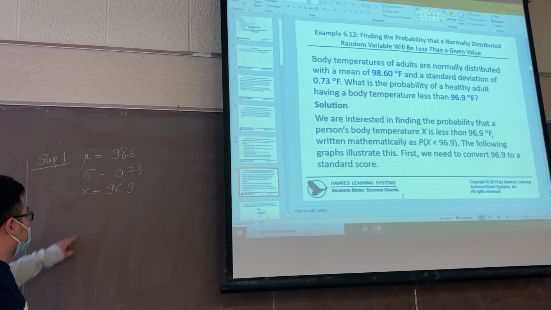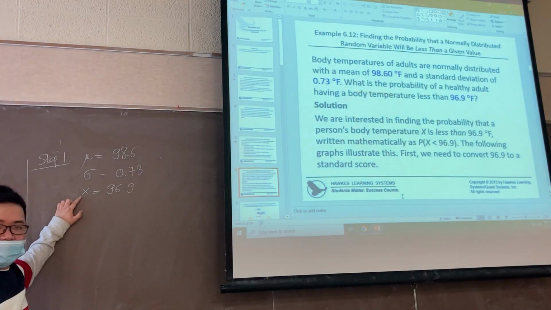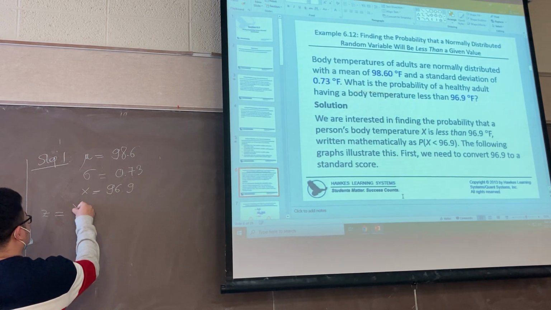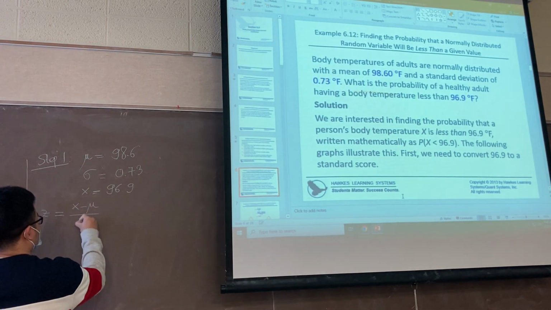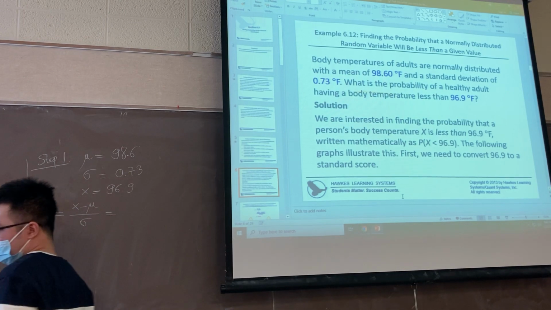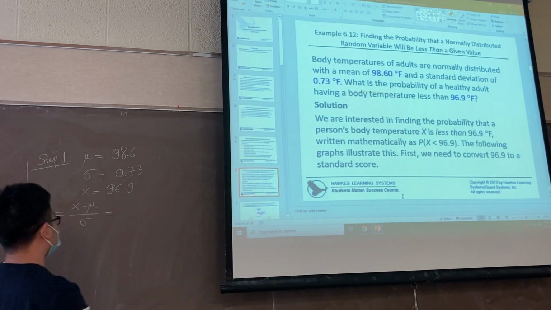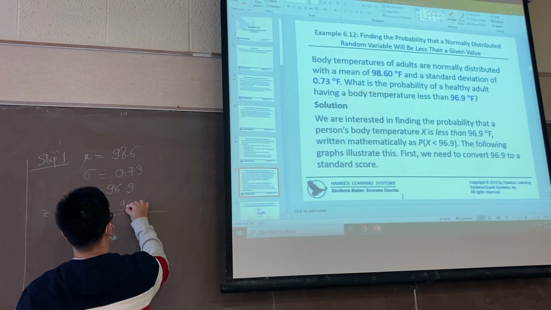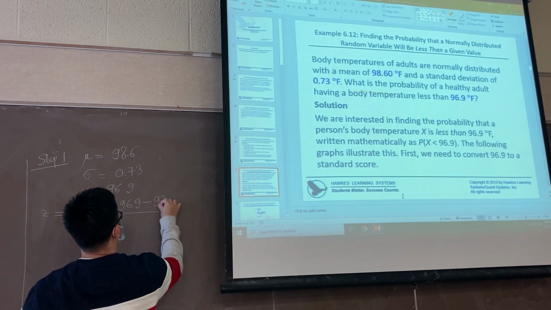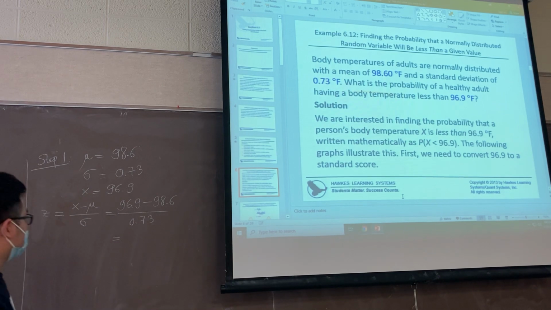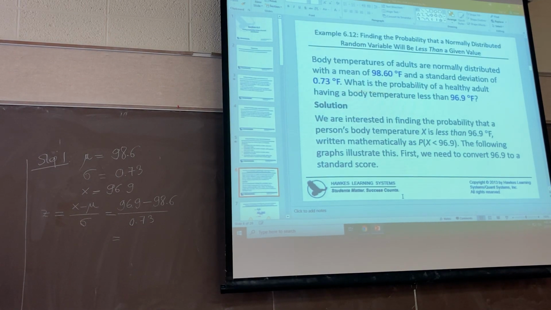I will change the X value to the Z value by using the formula. Z is X minus mu over sigma. Now I will calculate this. I put X here over this number, and you will get a result.